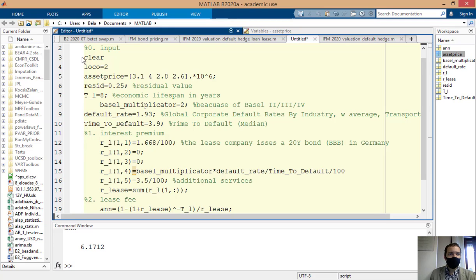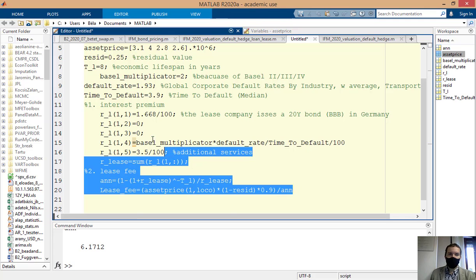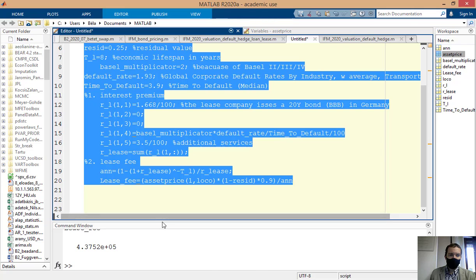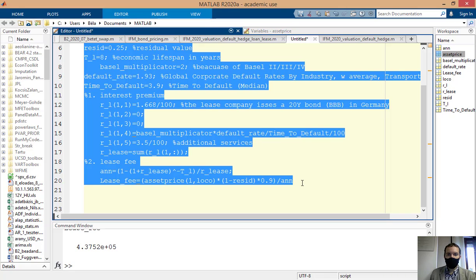Equals 2. So right now let's see what is happening when we would like to price in the Vectron. The leasing fee is actually a bit lower than the offer from several years ago, but still it's close enough.